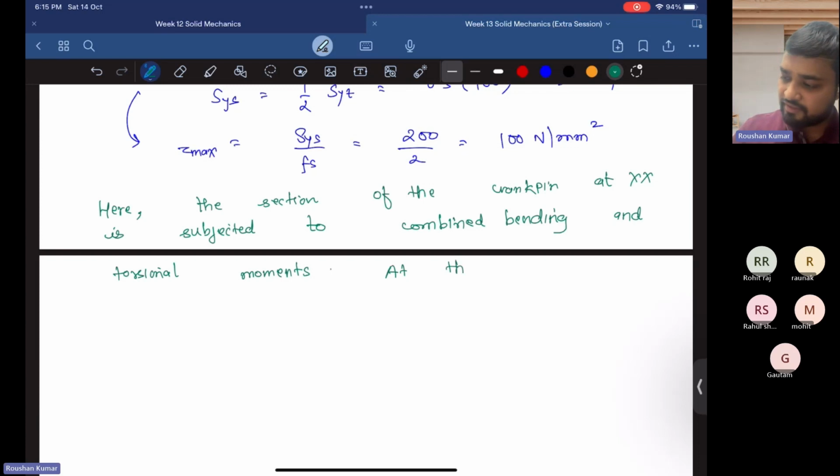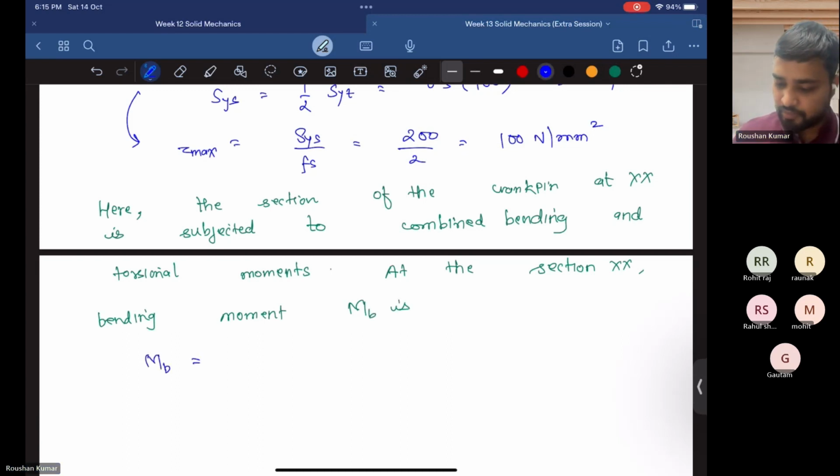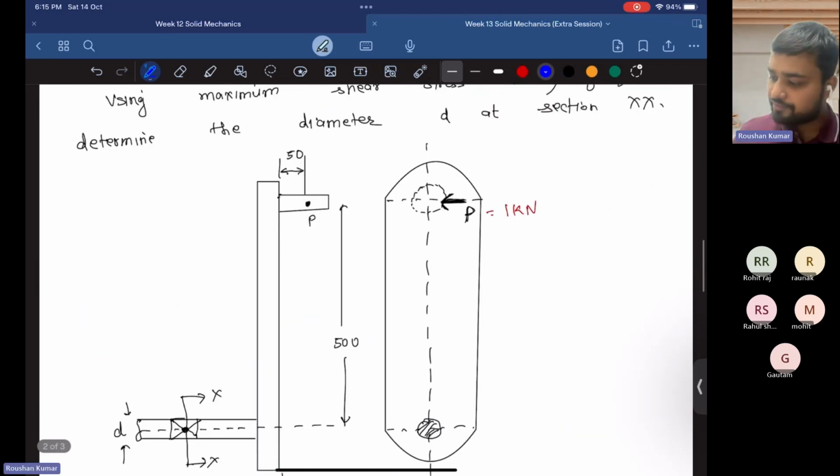At the section x-axis, the bending moment MB is, so we have to first calculate the value of MB. So what is MB here?